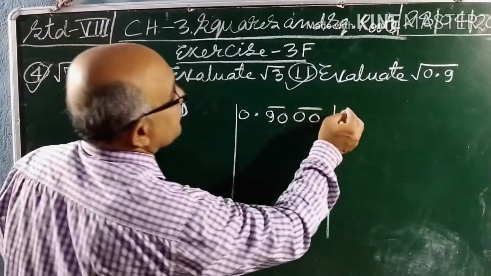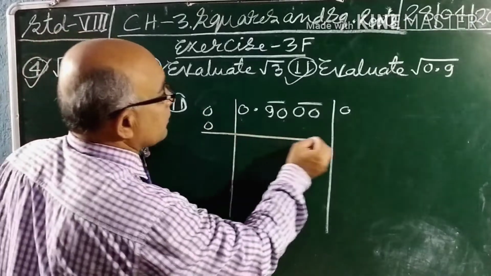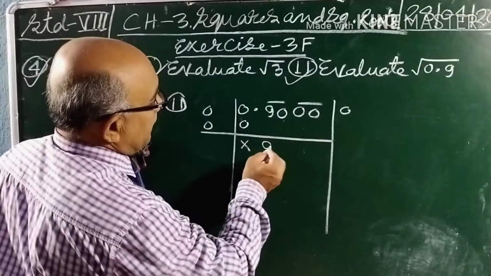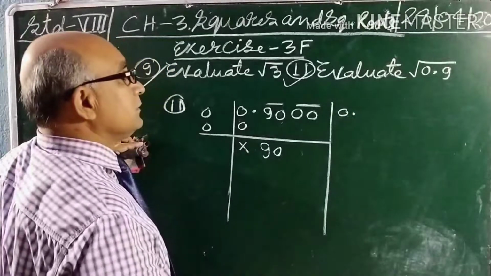So first of all, 0 time. Here 0. Cancel. After the decimal digits come here, so put the decimal in the quotient.